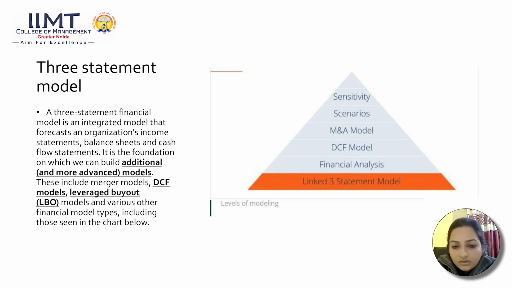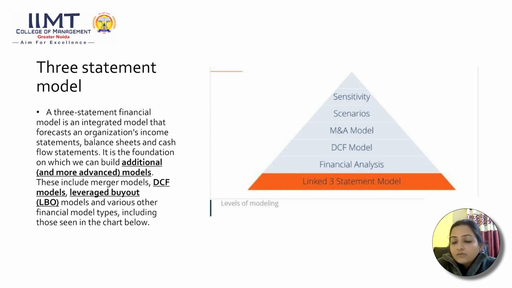In this chart, we can see that the three statement model connects these three statements, which are the base of any organization: income statement, balance sheet, and cash flow. This model connects these three statements all together, and it provides a base for financial analysis, for DCF modeling, and for merger and acquisition modeling.